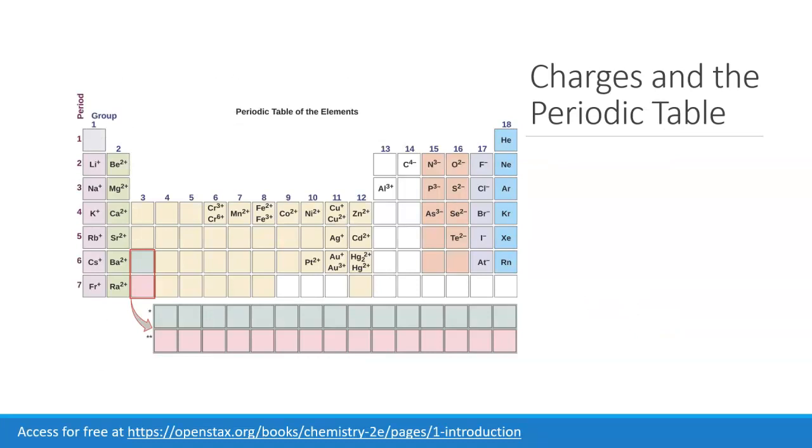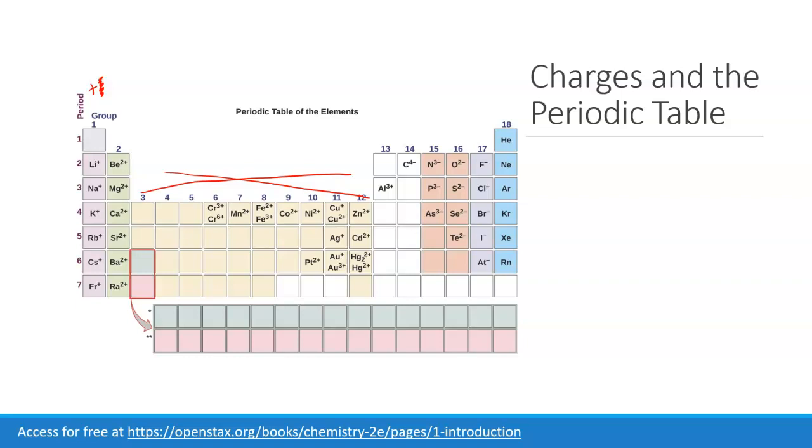So here is the periodic table with a list of some of the charges for different groups. For now, like in the past, we're going to ignore the transition metals. But if you notice in that first group, all of them have a +1 charge, which means that they lose 1 electron. And typically you won't see the 1 represented. You're going to see it just as a simple plus sign.